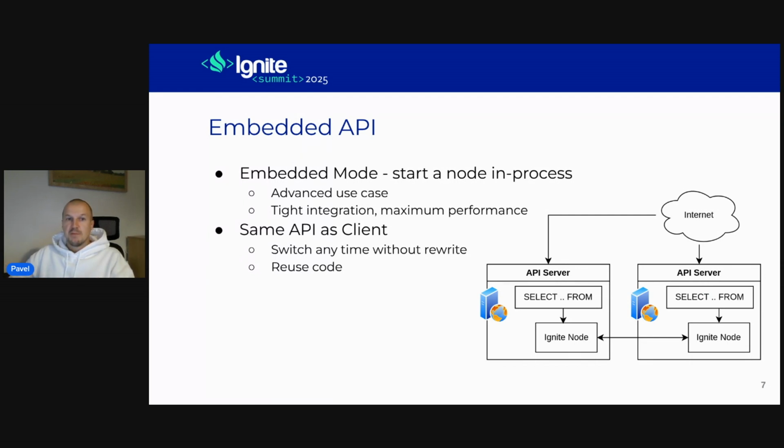Previous Ignite versions were embedded first, with thin client added later. Ignite 3 supports both modes from the start. And we do it better than before because the API now is the same in embedded and client modes. We use the same types and interfaces, so you can switch between those modes at any time, mix and match, and reuse your code easily, let's say between the client and the compute job.